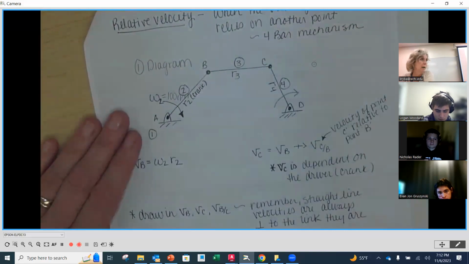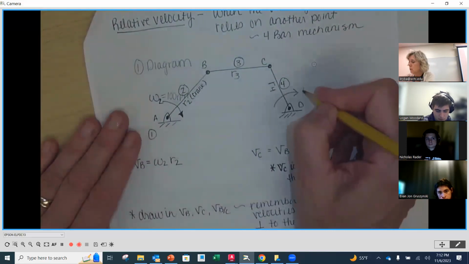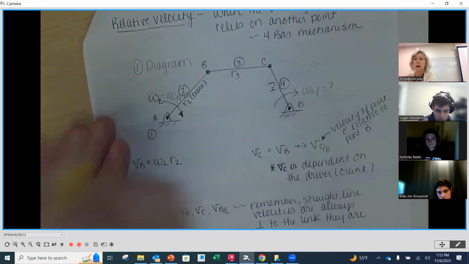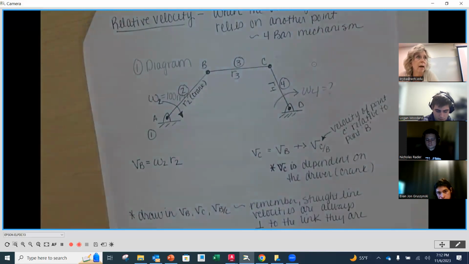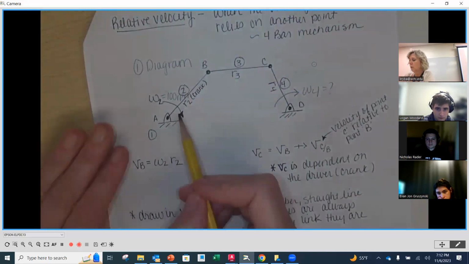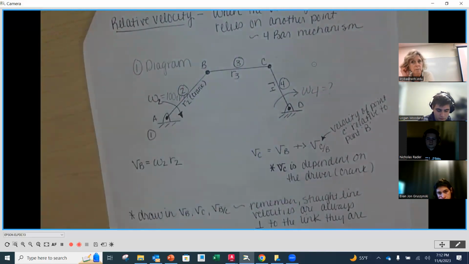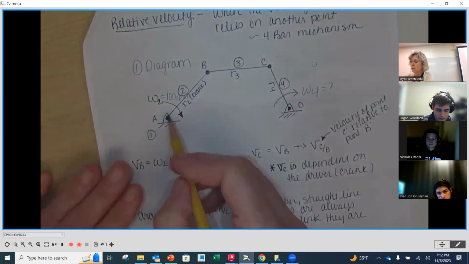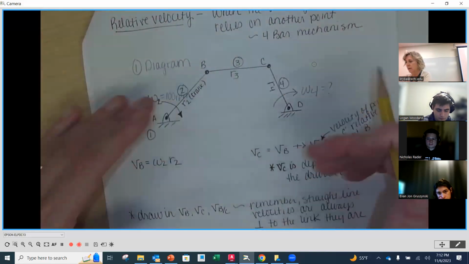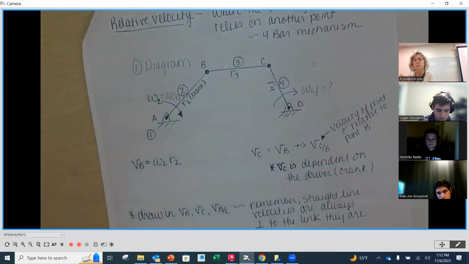A very common problem that we would want to determine is what is the angular velocity of link number 4? What is the rotational speed of link number 4 at this instant when link number 2 is rotating clockwise at 100 RPMs? First of all, you would probably move this around and think, W4 is probably also going clockwise at this moment in time.